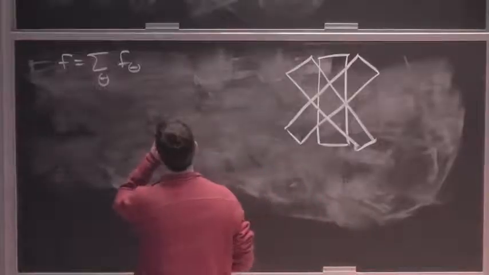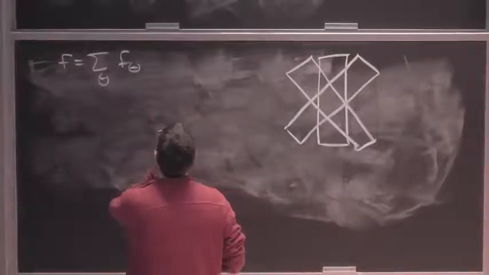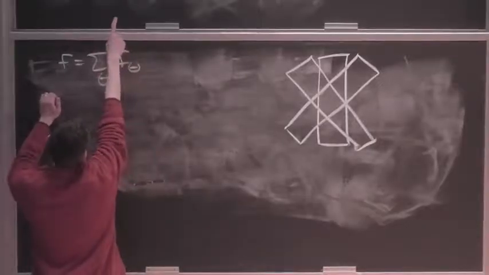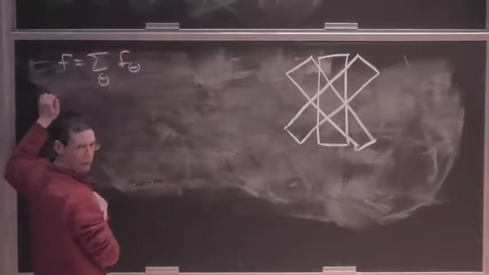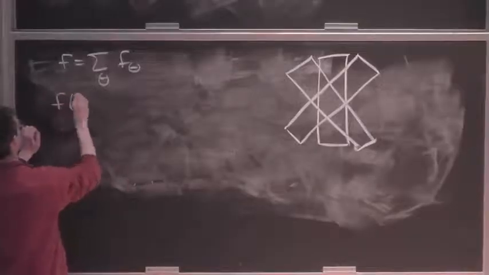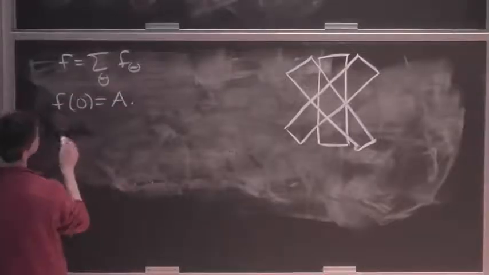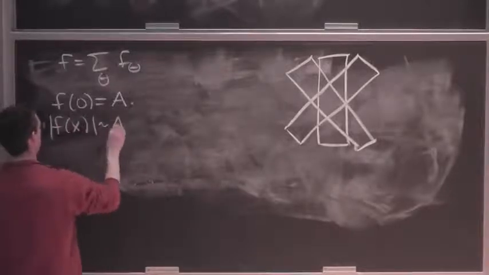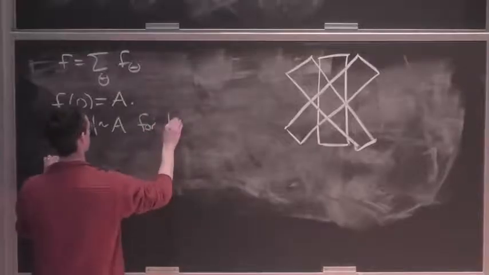Now, each of these f thetas is oscillating, but at the point 0, each of them is 1. So at the point 0, they just add up constructively. So f of 0 is a. And in fact, if we think about it a little more, we'll see that the size of f of x is around a on the unit ball.